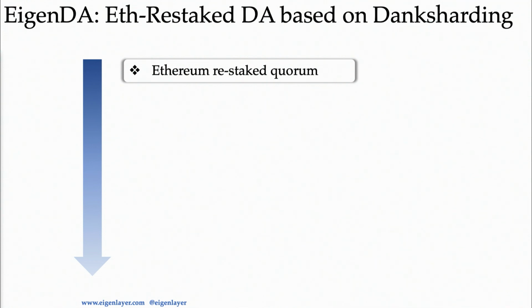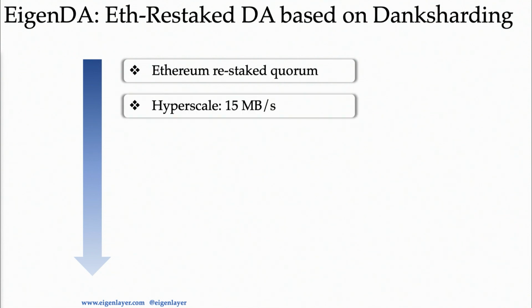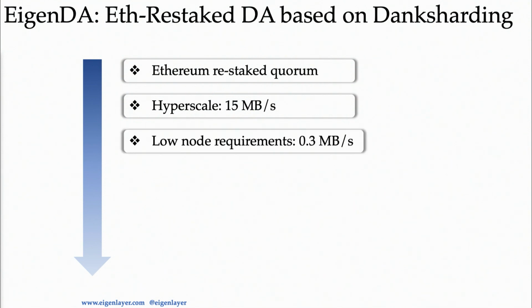It is fundamentally built on EigenLayer, so it is Ethereum stakers who are actually running this data availability service. It is a hyperscale data availability layer. You can write data at a rate of 15 megabytes per second, which is much higher than any existing service, as well as proposed upgrades in Ethereum.